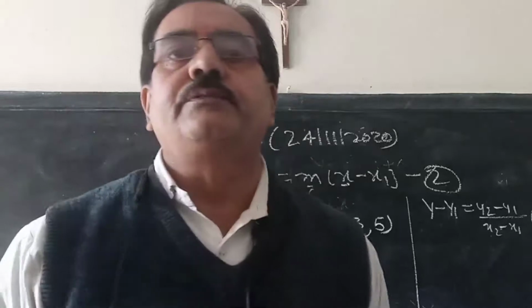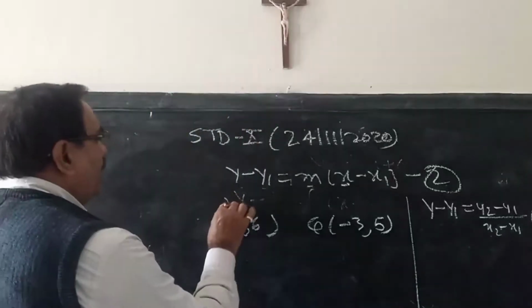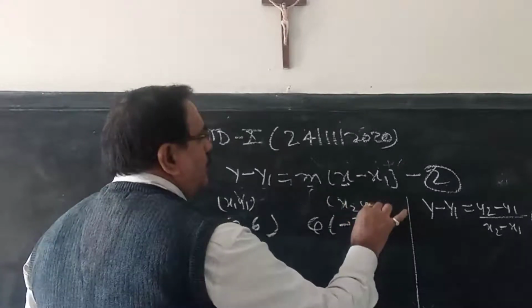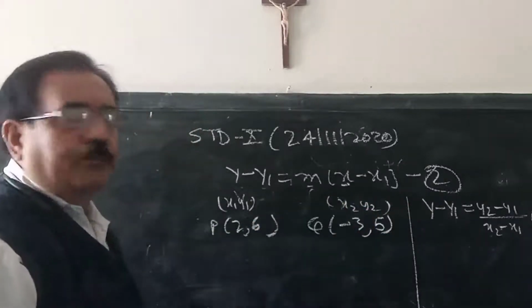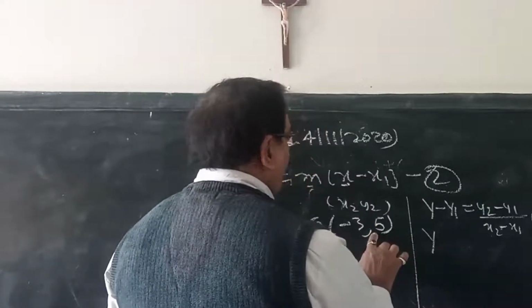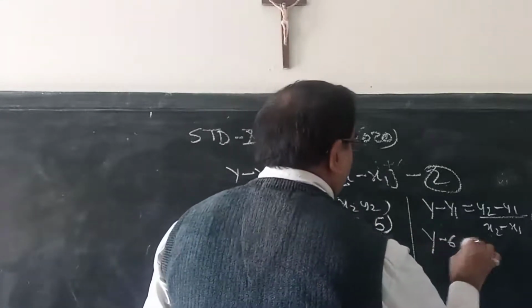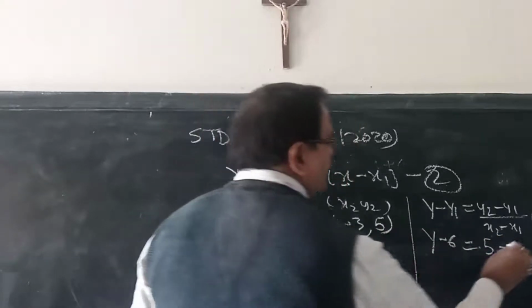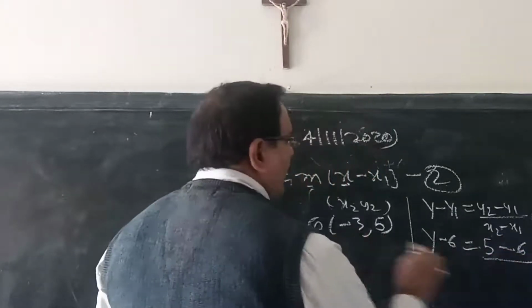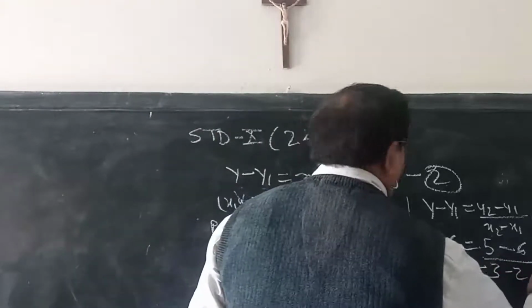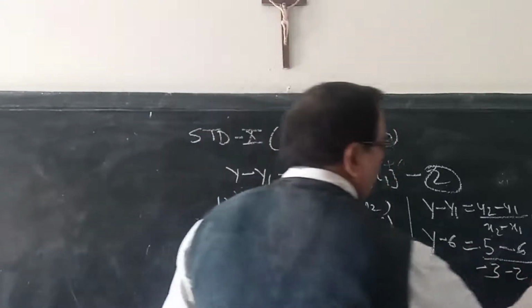Anyone we can suppose x1, y1 and the other x2, y2. Put these values in the equation: y minus 6 is equal to 5 minus 6 by minus 3 minus 2, times x minus 2.